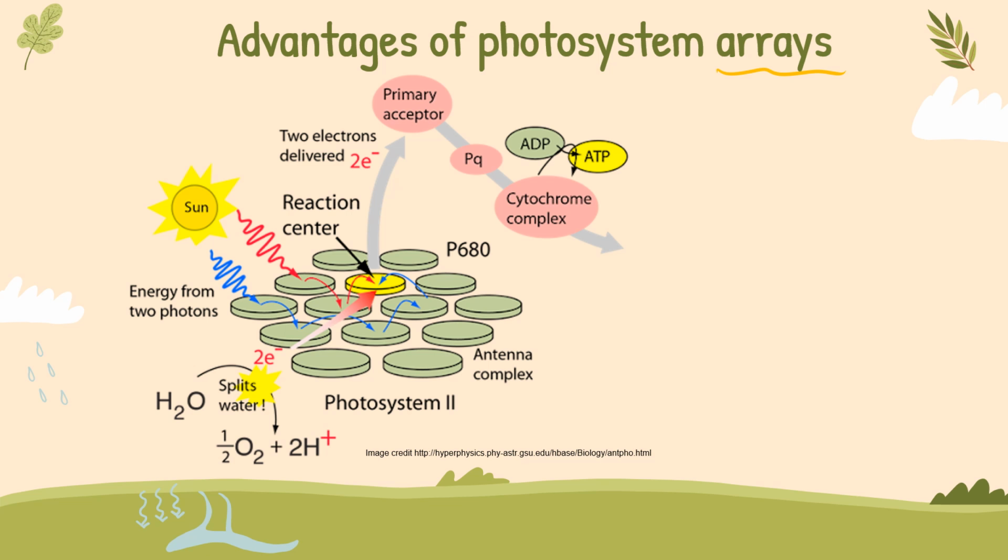Our photosystem arrays are going to be all these different pigment molecules, lots of chlorophylls, but maybe also some of those accessory pigments like, again, carotene. They're going to absorb energy in lots of different wavelengths. Different pigments are specific to different wavelengths. So if we have a variety of pigments, we can absorb a variety of wavelengths.